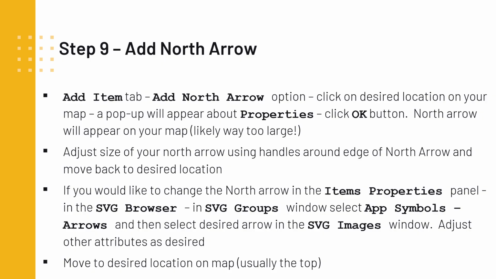If you would like to change the north arrow in the Items Property panel, go to the SVG browser, and under SVG Groups, select App Symbols Arrow, and then select the desired arrow in the SVG Images window. Adjust any other desired attributes to what you think looks best.